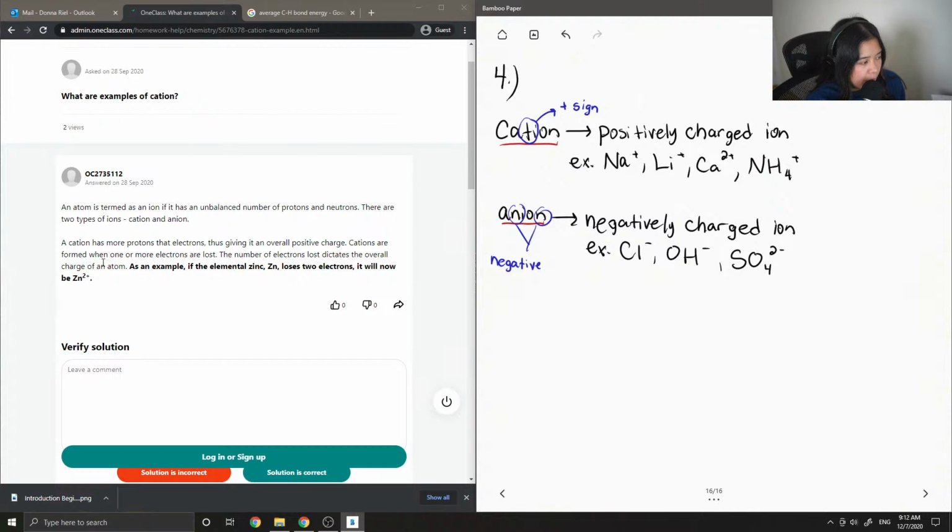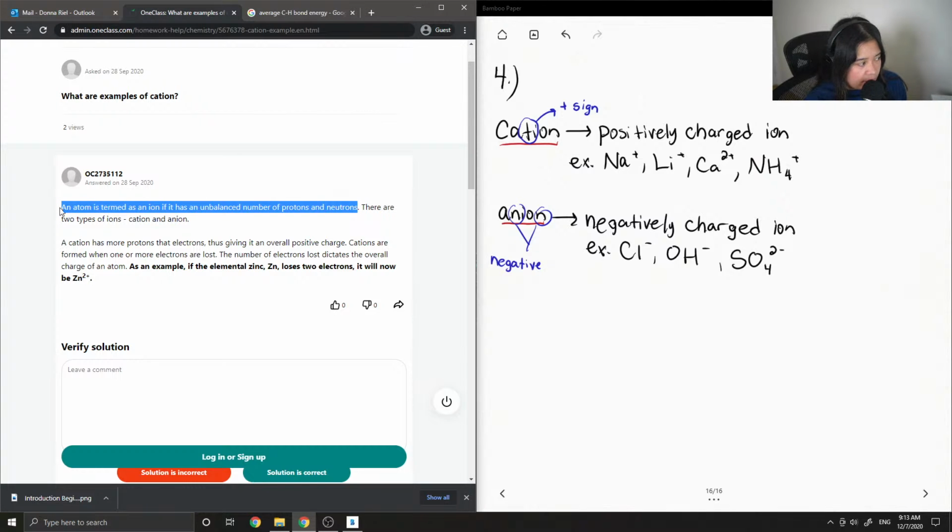Cations are formed when 1 or more electrons are lost, and the number of electrons lost dictates the overall charge of an atom. As an example, if the elemental zinc loses 2 electrons, it will now be zinc 2+. Okay, so the solution is correct. I'm just going to fix the first sentence that they said.